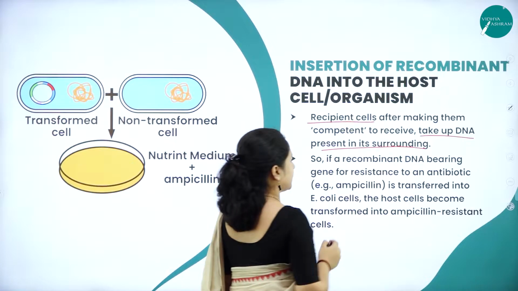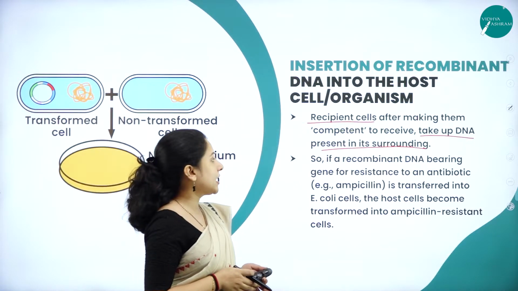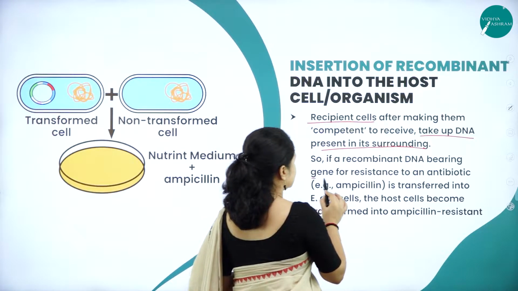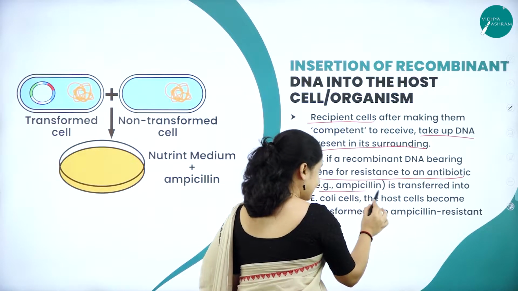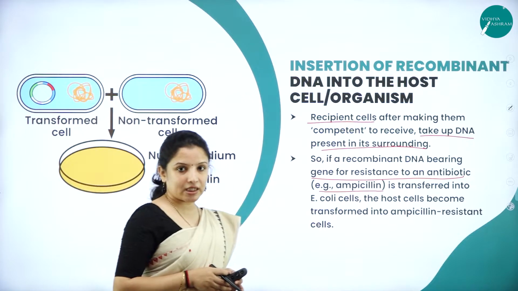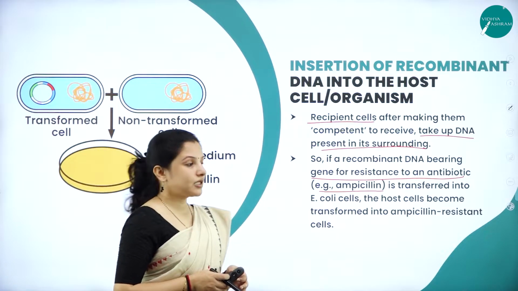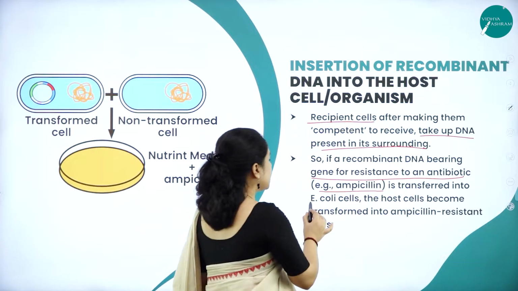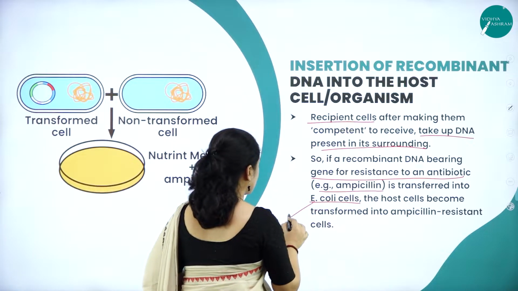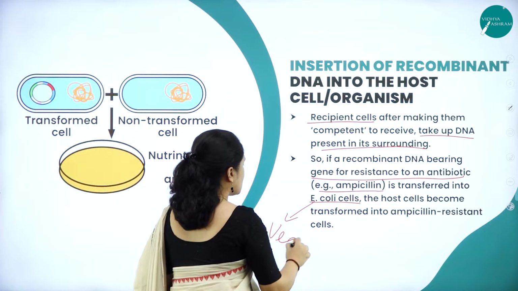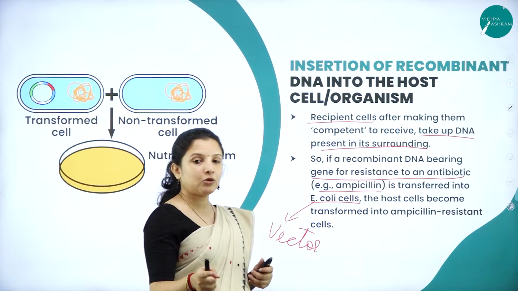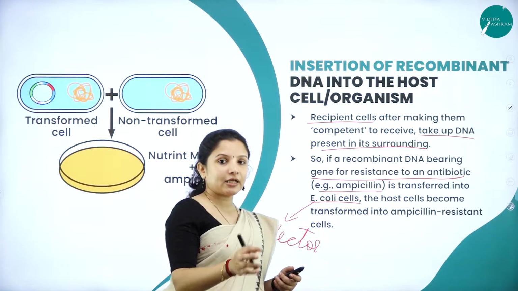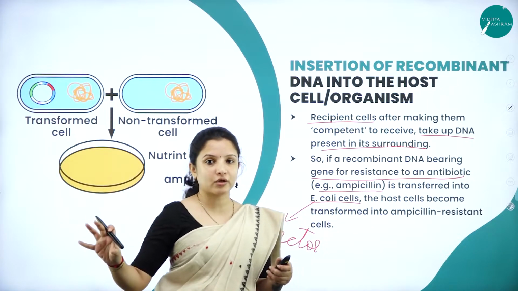After making them competent to receive the DNA, they will take up the DNA present in their surroundings. So if a recombinant DNA bearing a gene for resistance to an antibiotic, say for example ampicillin, is transferred into E. coli cells, now what is this E. coli? It is the vector. Why should it be transferred to the vector? Because the vector will be the one which carries the DNA to the host organism, right?